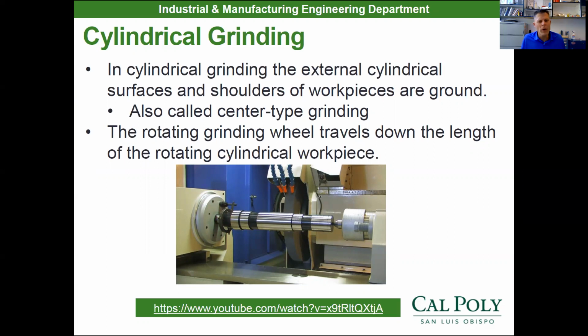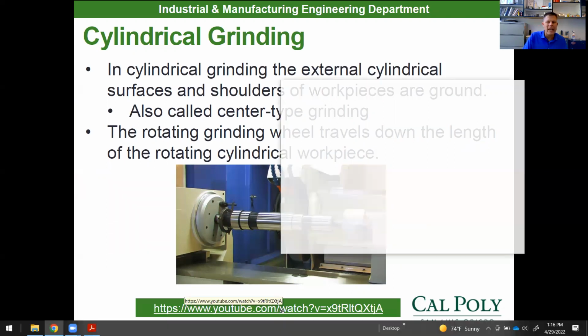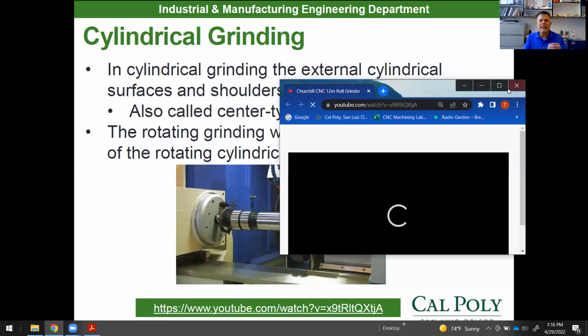So what we're doing here in cylindrical grinding, it's a lot like a lathe where the workpiece is now going to rotate. And now you have a grinding wheel instead of a single point cutting tool. So that grinding wheel is going to remove a small amount of material and go down the diameter of that part. So this video right here shows an example of a surface grinder. It's going to be a very large surface grinder.